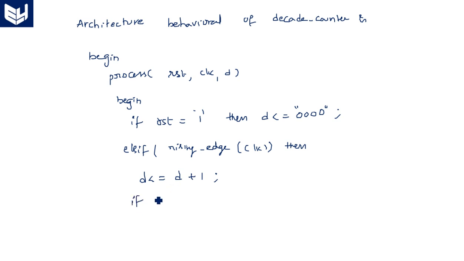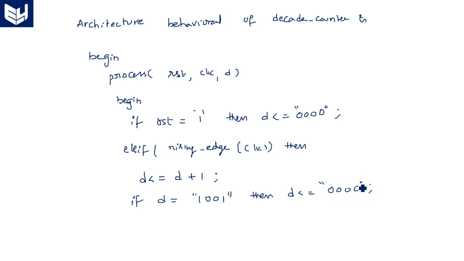Now, up to what do we have to increase? Up to 9, 0 to 9. Once the D value reaches 9, the output is set to 0 again. That's why when D is equal to 1001, nothing but 9, D should again be assigned with 4 zeros.